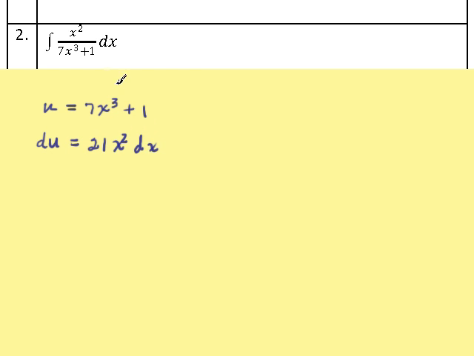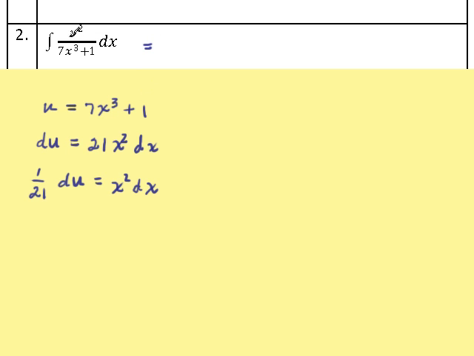All right, and solve for the x squared dx. So there's that 1 over 21 that comes out in front. You could skip this u substitution and go straight to the answer, which is 1 over 21 ln absolute value of the denominator. All right, but we're doing the u substitution, so let's continue here.